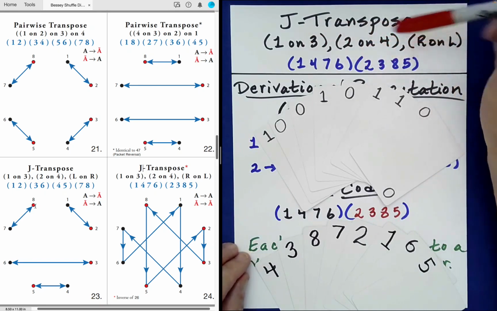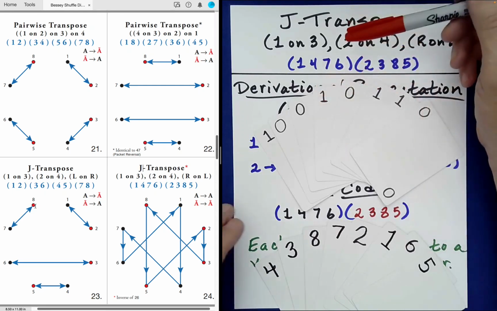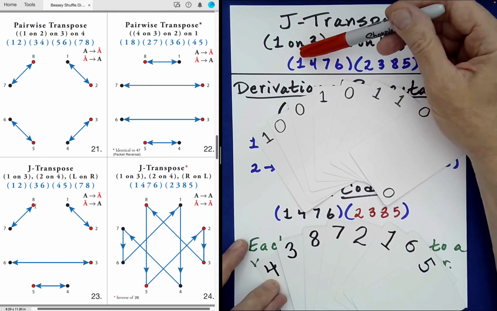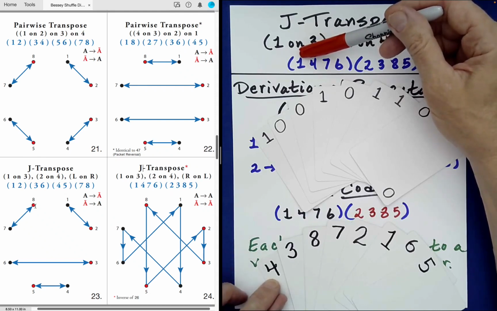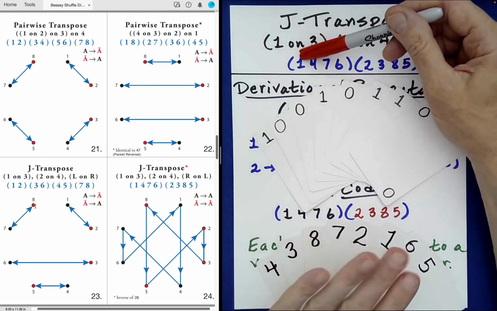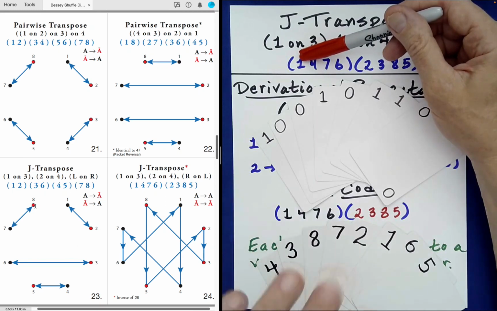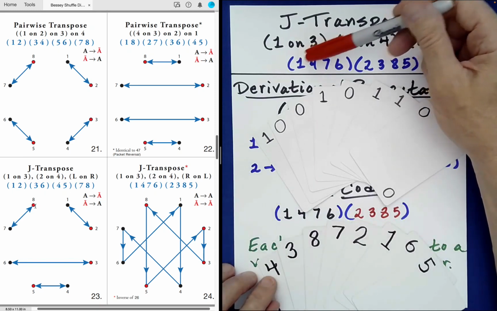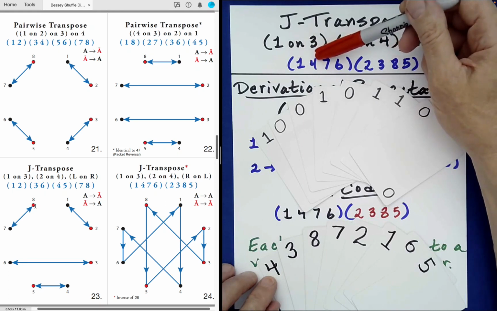So let's apply it to the 0s and 1s. Let's go back to 4. We know that first place in this sequence, remember, when the cards are facing down, this card is the top one, the first one. The new first place is being assigned to the card that was originally in the 4th position.